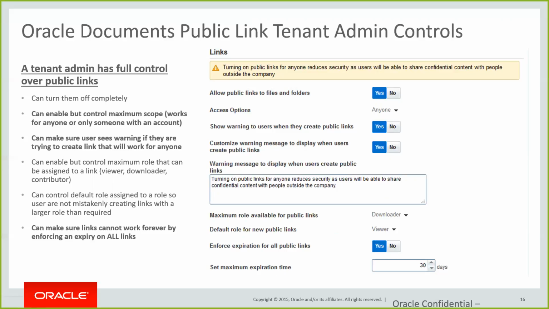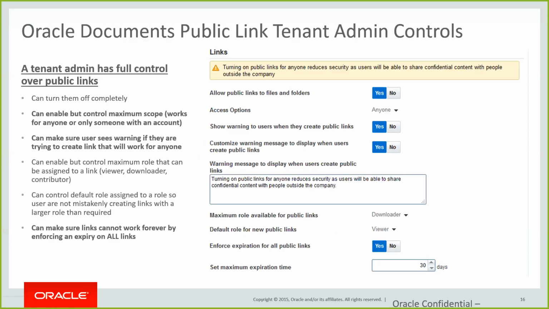They also generate notifications when users are generating public links, and of course those messages can be customized. So you can send a custom message when a public link was created, for example, to warn the user about the risks that are associated with public links.